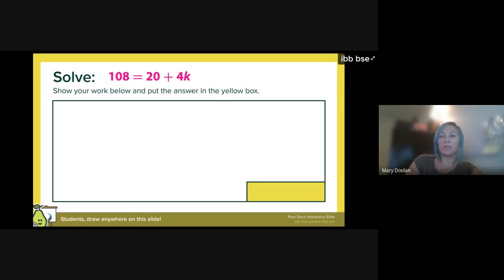So you should be back in your Pear Deck tab and working on solving that equation.